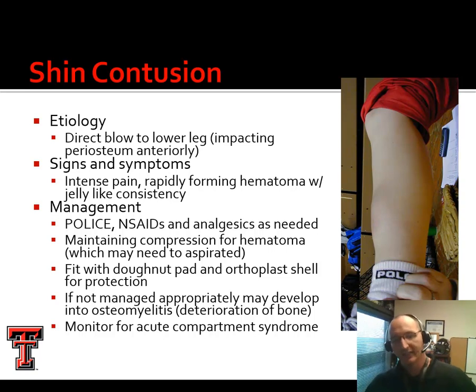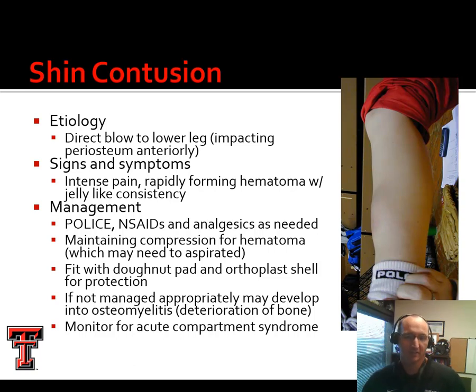The longer we wait, the more likely that is to congeal and coagulate, and makes it impossible for these to be aspirated. Maintaining compression can help prevent that formation of a hematoma. So instead of just leaving it out like this, we would actually cut a felt pad, wrap it tightly, put a compression hose on it or an ACE wrap of some sort.